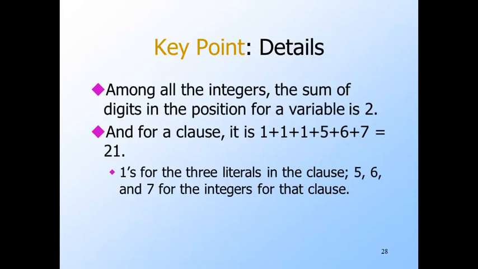Even if all 3 are in the selected set, that's only 18, not enough. But what other integers could contribute to a low order position? Only the 3 integers for literals that appear in the clause that corresponds to that position. But these 3 integers only have 1 in that position, so the maximum sum in any position is 21. So there are no carries.